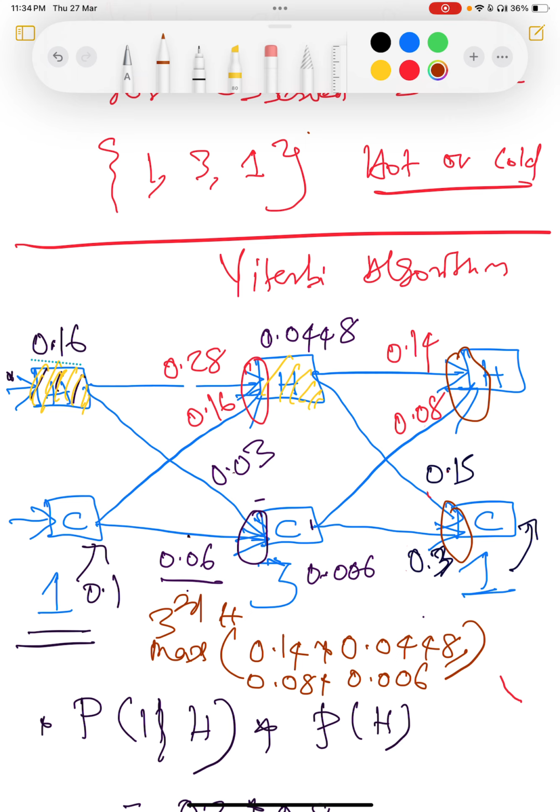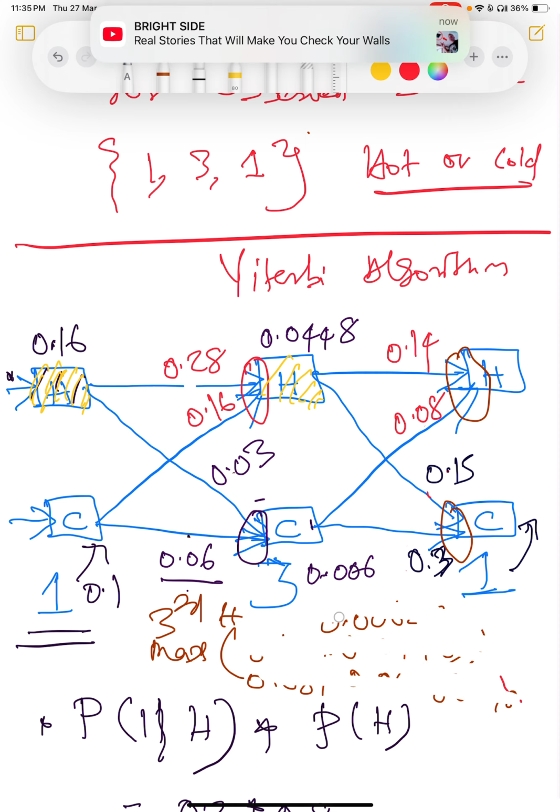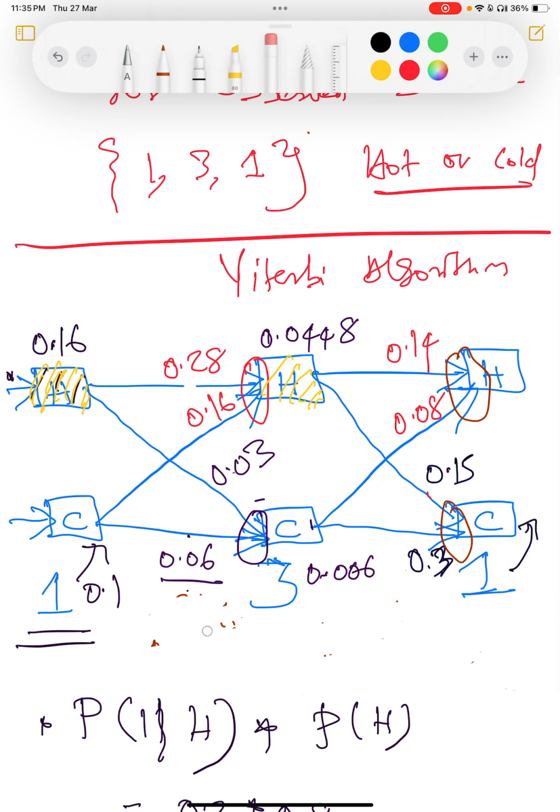0.14 into 0.0448 is 0.006272. That's what you got for the third day H: 0.006272.